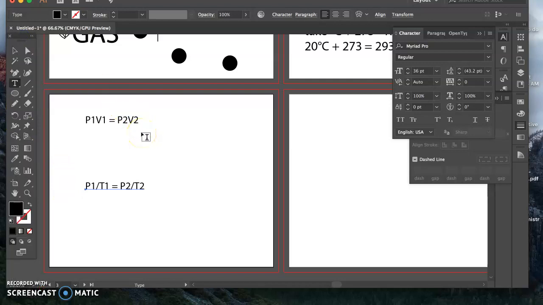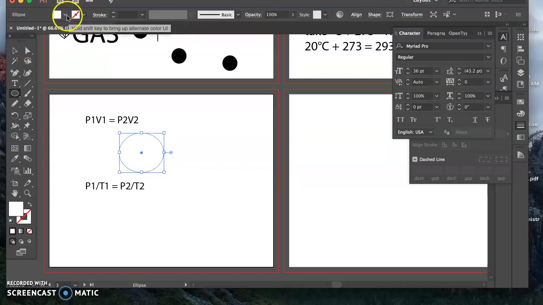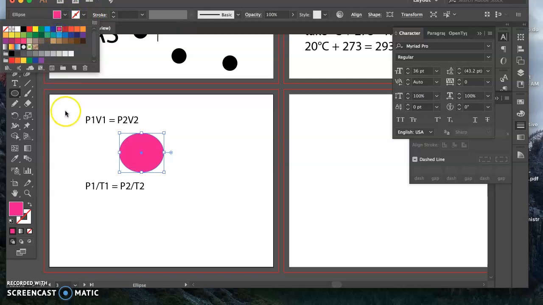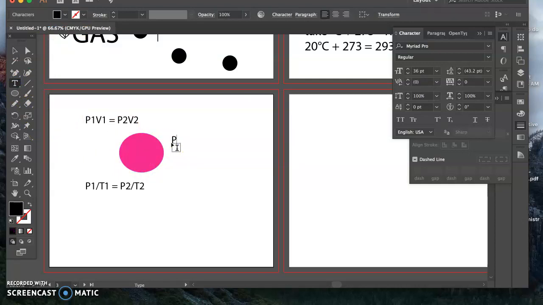So let's say that we have a balloon. Make it a pink balloon. Okay. And let's just say that the pressure equals 101 kPa.